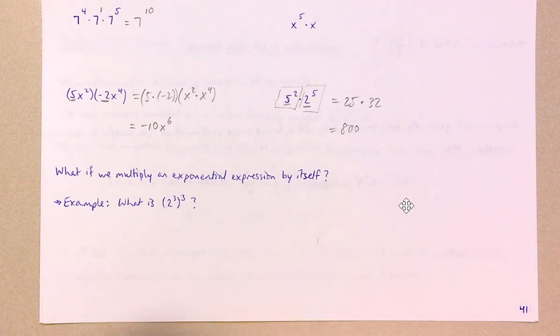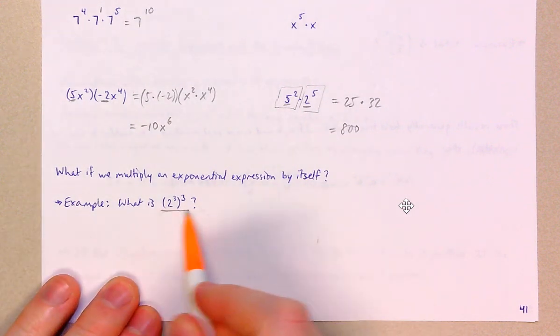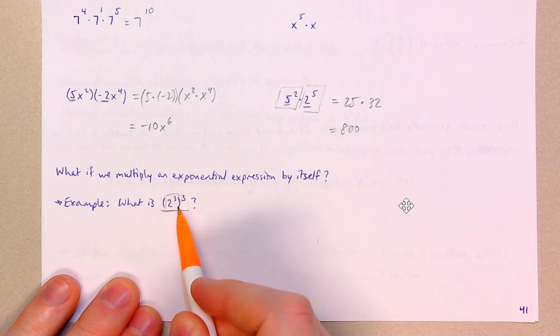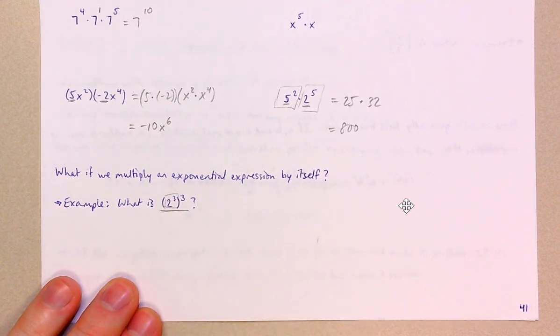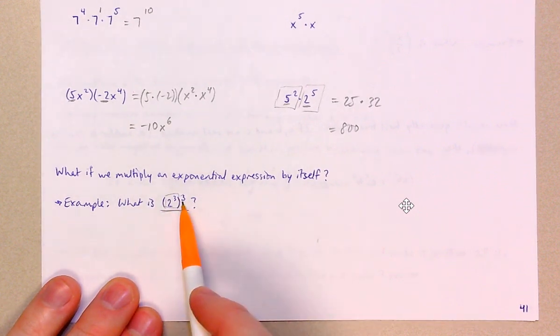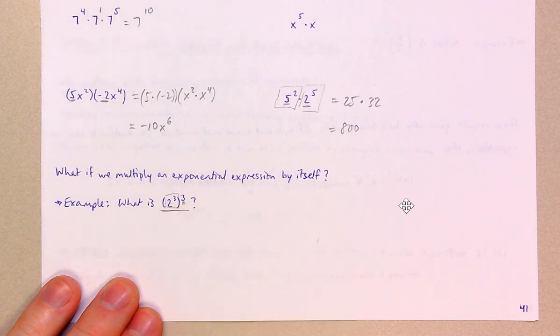Well, this is a little bit odd, but if we just think of the definition of the exponent, what this says here is I'm going to take this thing right here, and I'm going to multiply it by itself 3 times.